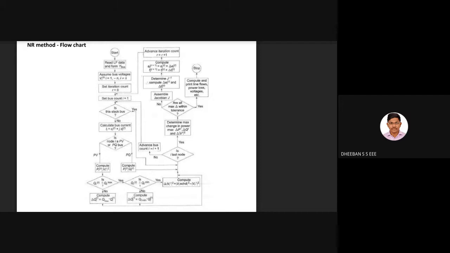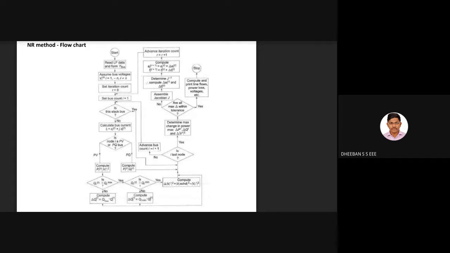But if the tolerance is satisfied, you can just move out and close the problem with the values you have got. Otherwise, you have to assemble the Jacobian matrix again, increase the iteration count, and again do it from the beginning. Okay.